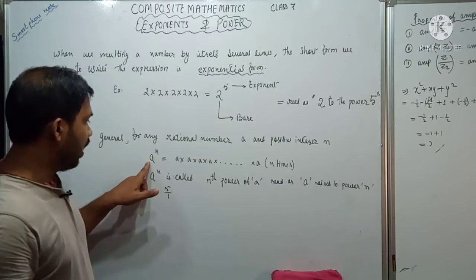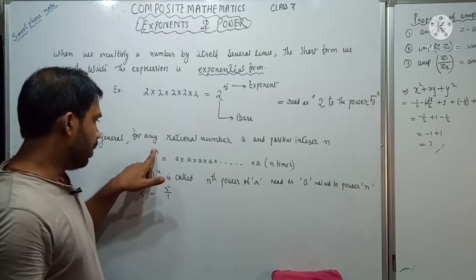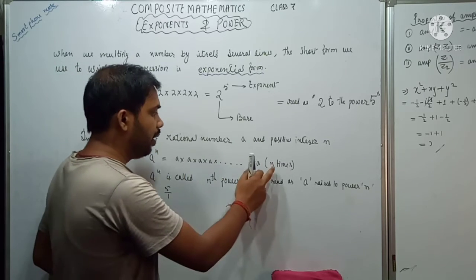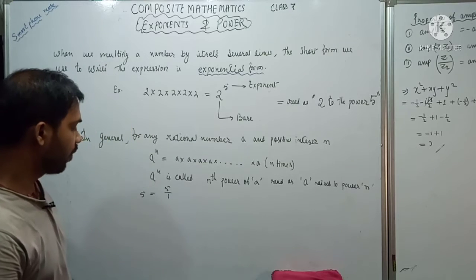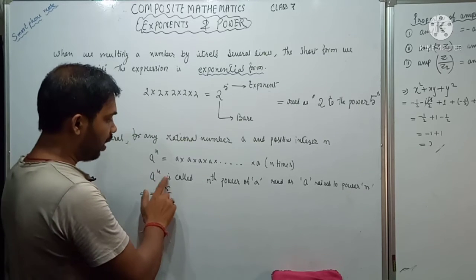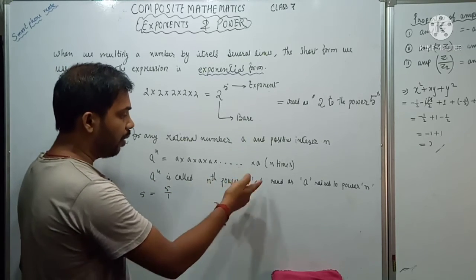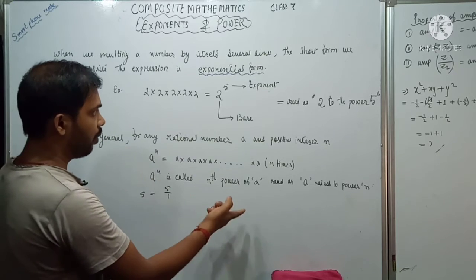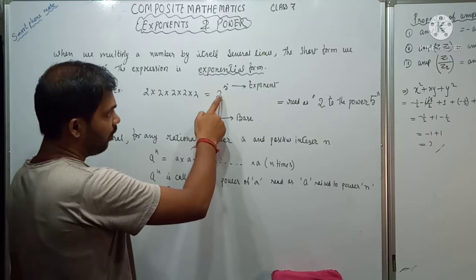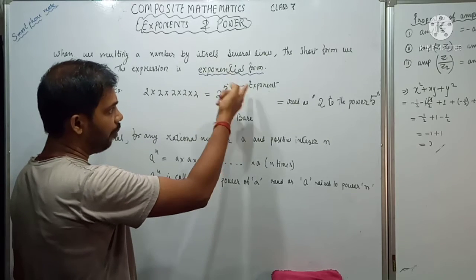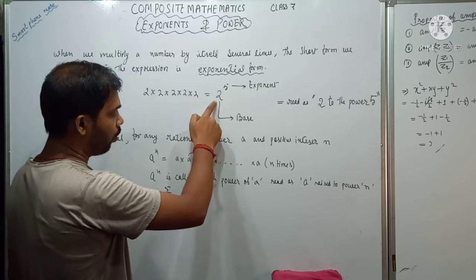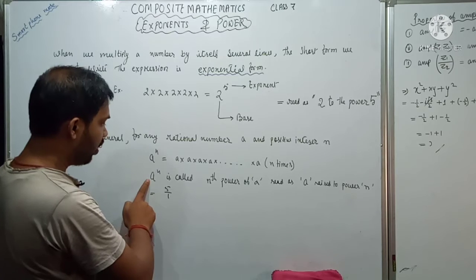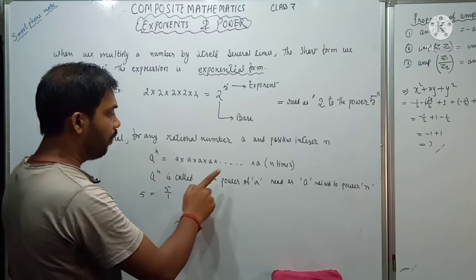So a to the power n is called the nth power of a. You see, it has given 5 power to 2, so it is the 5th power of 2. Similarly we can say nth power of a.